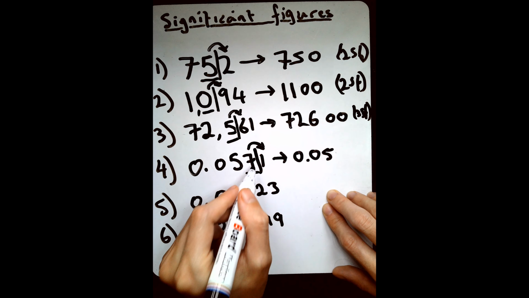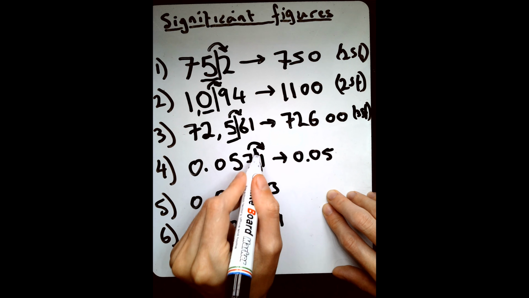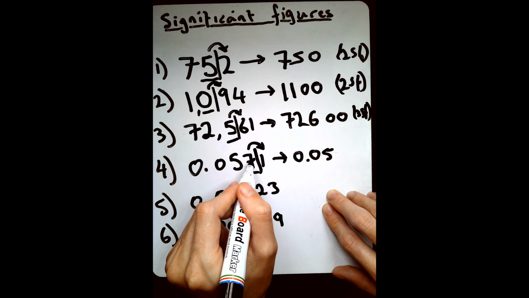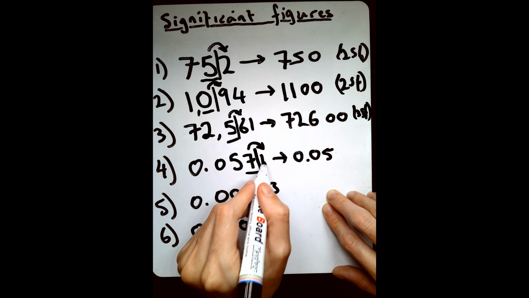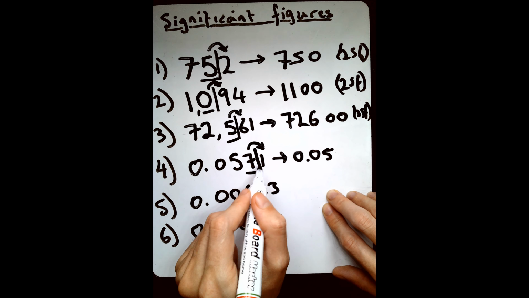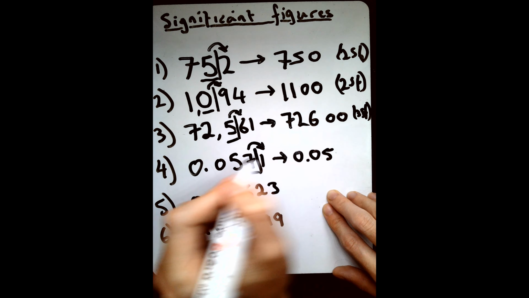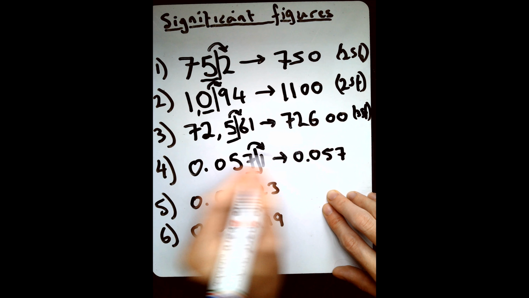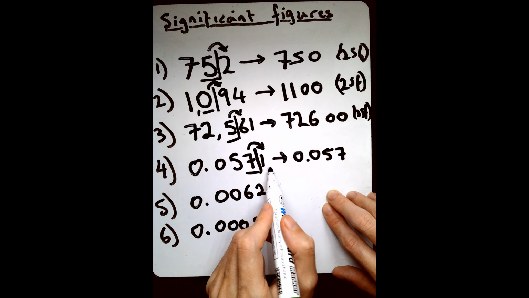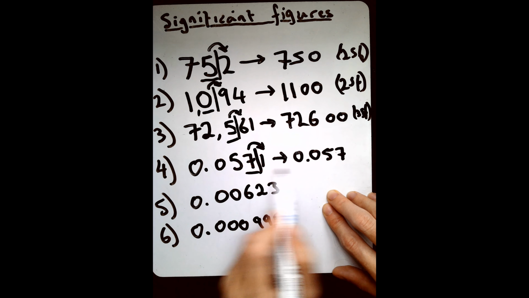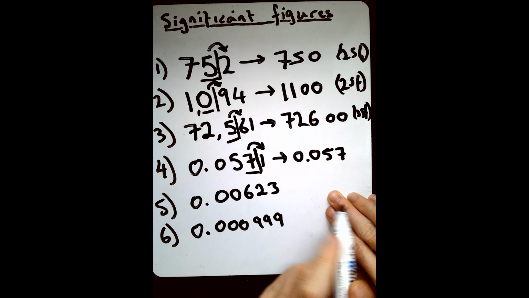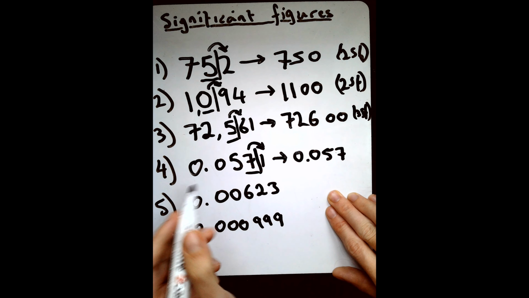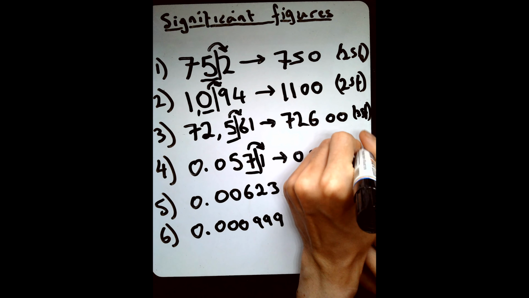It's just whether we change this digit that is just before my imaginary wall. Does that stay the same, or does it go up? So you have to look at the next number, which is a 1, so it's less than 5. If it's less than 5, that stays the same. After the wall turns to zeros, but as it's after my decimal point, I don't need to write that 0. Okay, and that's going to be to 2 significant figures. We've rounded this.